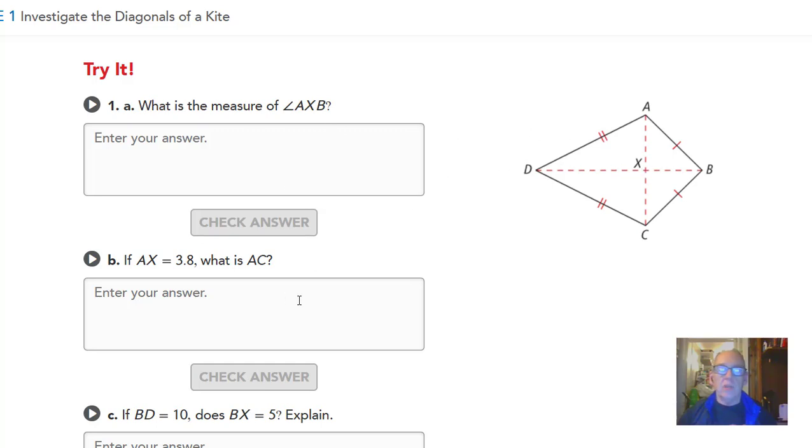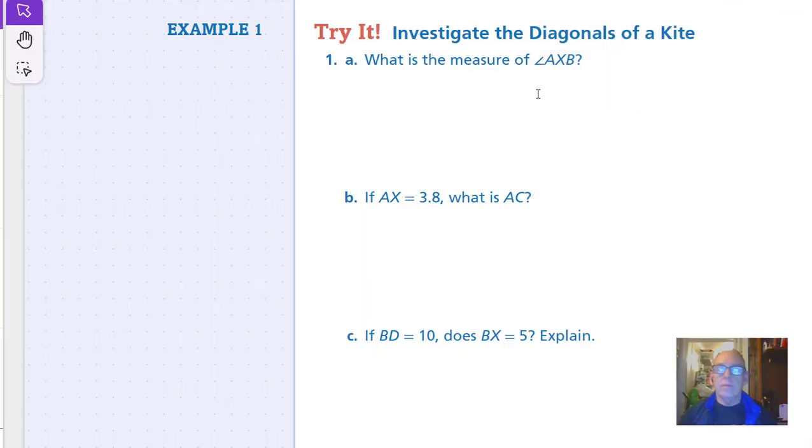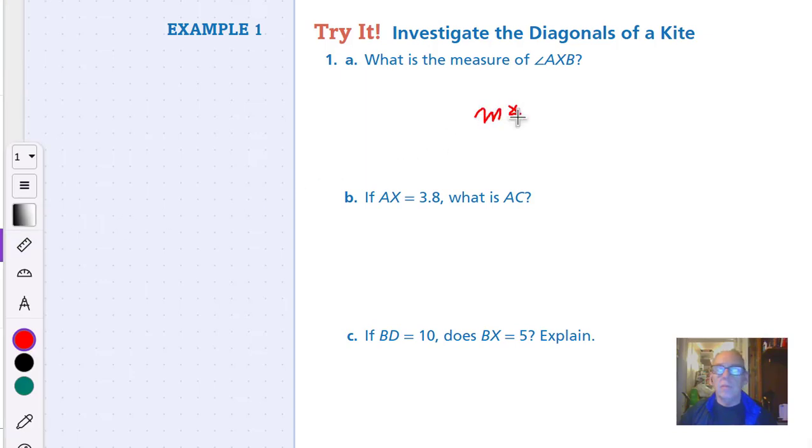So AXB measures 90. And twice 3.8 equals 7.6, so that's the length of AC.